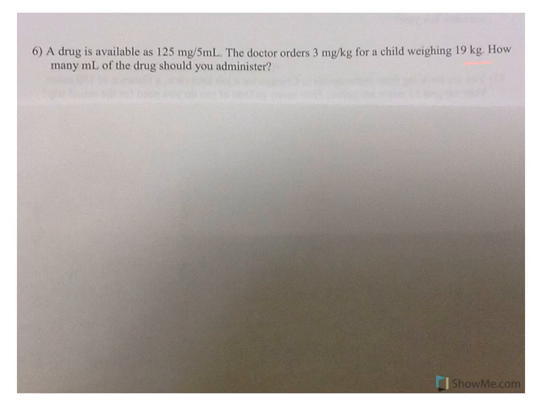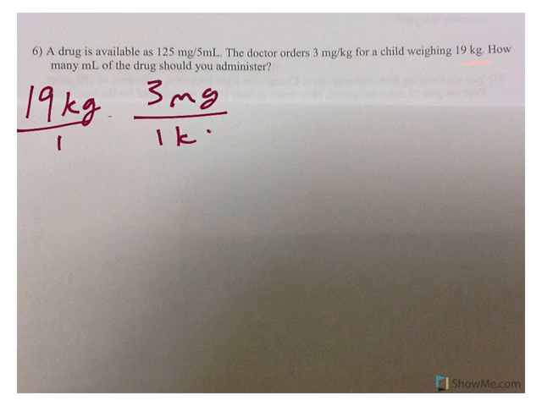Now, this person's already in kilograms. So we have 19 kilograms, and we know they get 3 milligrams per kilogram. So the kilograms go away, and we end up with 57 milligrams. Okay, not bad, not bad.